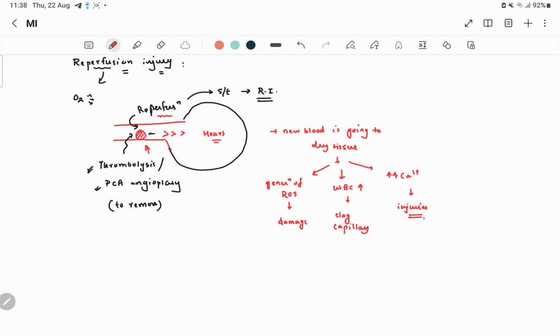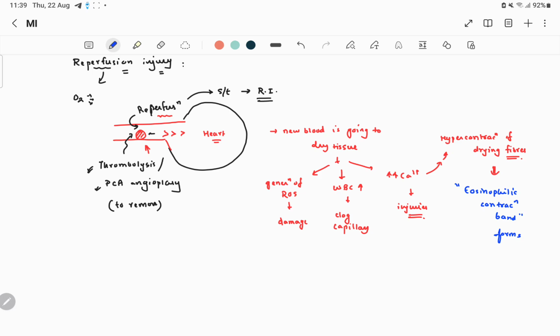So reperfusion will increase the calcium, and this increased calcium can also cause hypercontraction of the heart fibers, hypercontraction of dying fibers, which will cause the formation of an eosinophilic contraction band. So what is this eosinophilic contraction band?